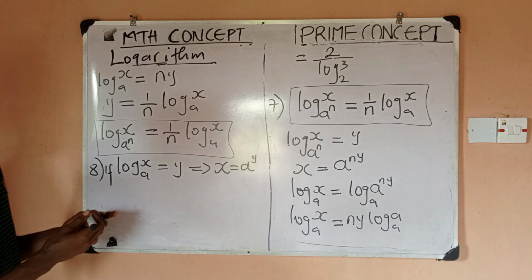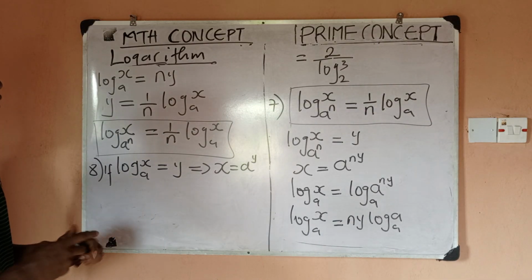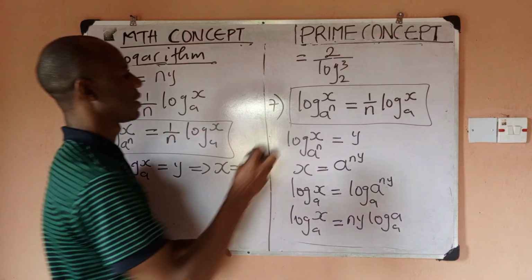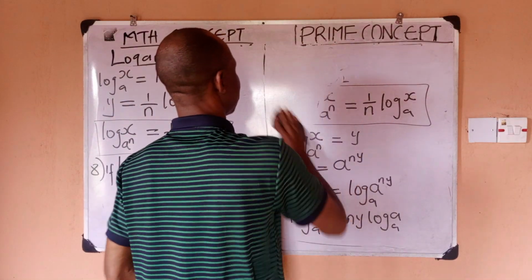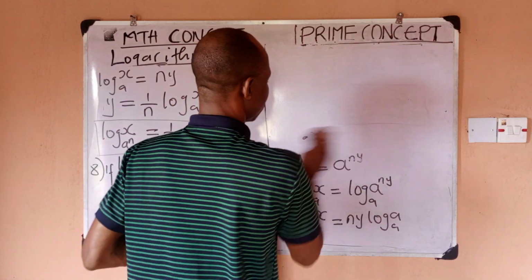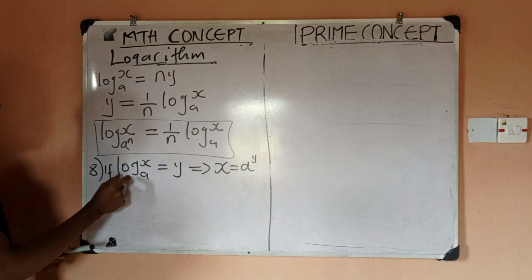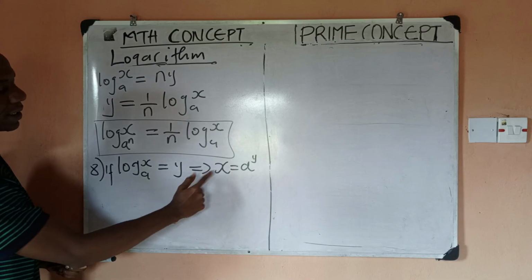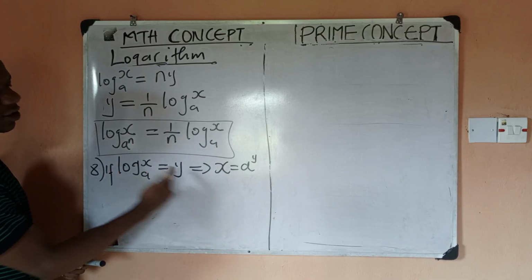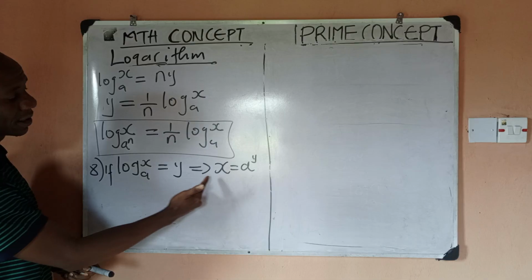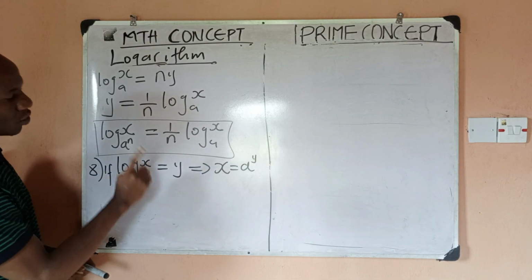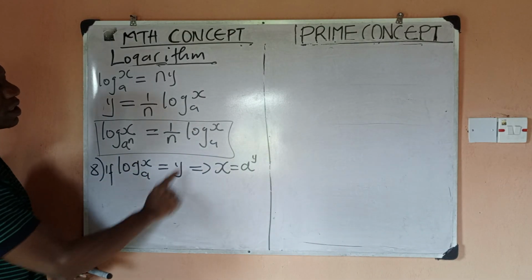So we stated this as the definition of logarithm, but we want to also prove this. So if log x to base a is equal to y, then to make x the subject, x will become a to power y. So you're just using this base to raise this up.